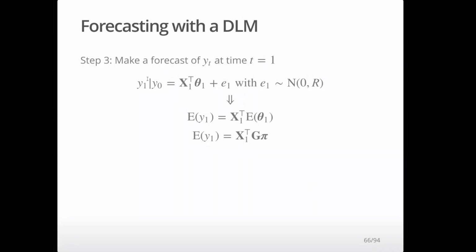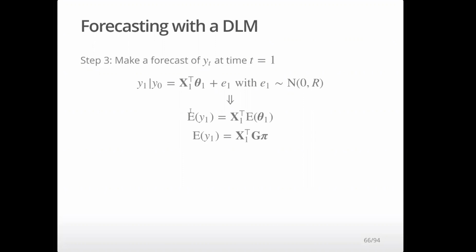Okay, so now we've got our parameters, right? Here they are. And so now somebody hands me the covariates. So now I'm ready to make a prediction. I want to make a forecast for what's happening at time 1, given the data through yesterday, our parameters today, and the covariates today. We don't know what Y1 is yet. We're going to make a prediction before we get to see it.